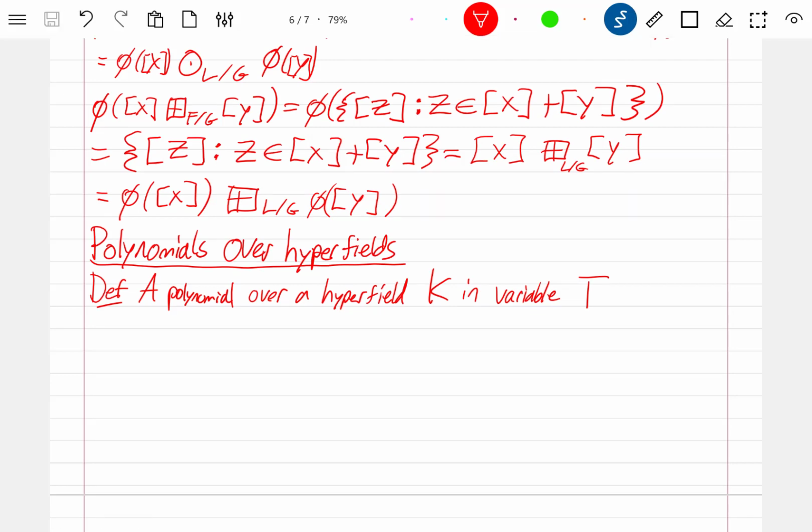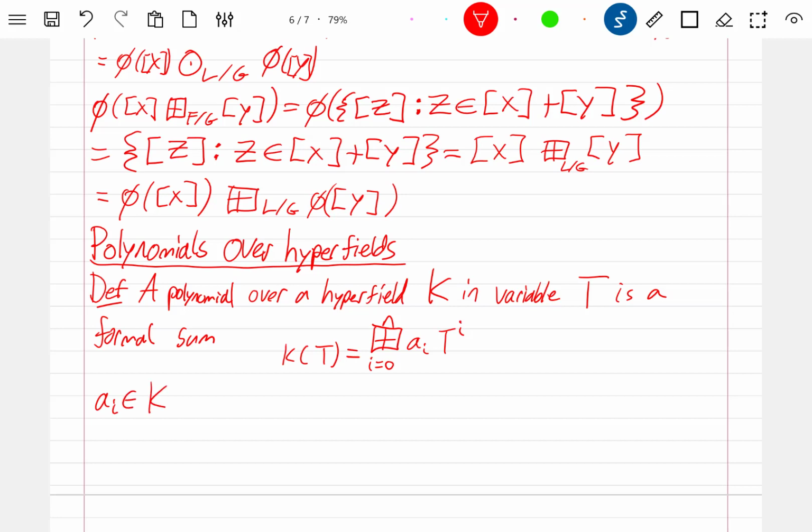So all it is is a formal sum of the form, in variable t, a sum from, say, i equals 0 to n of a_i t^i, where I do the thing that you have for most polynomials.